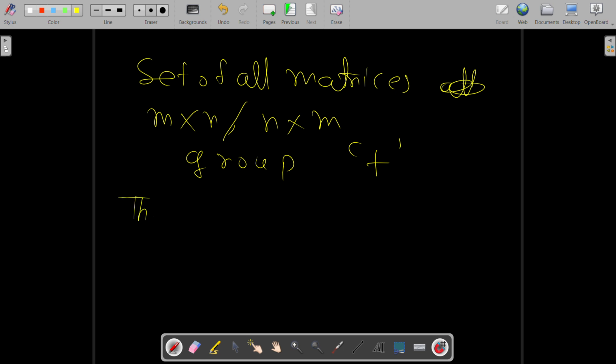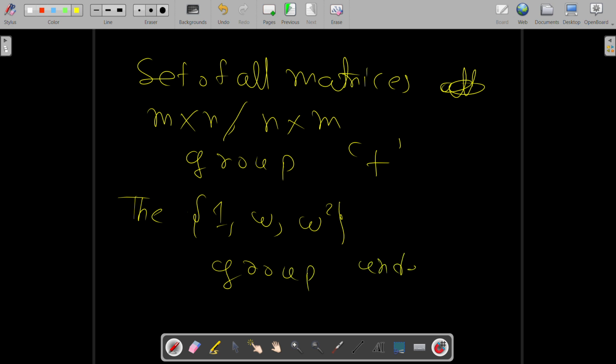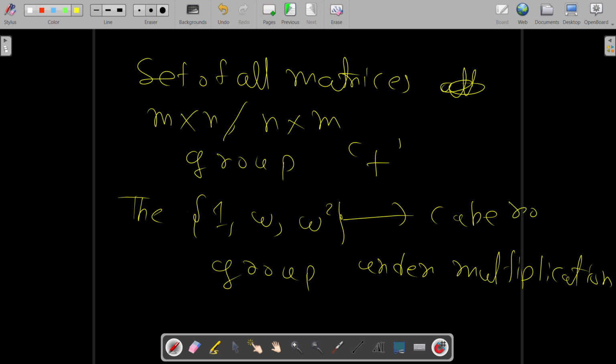The set 1, omega, omega square, i.e. the complex roots of 1, also forms a group under multiplication. This is the set of cube roots of unity.